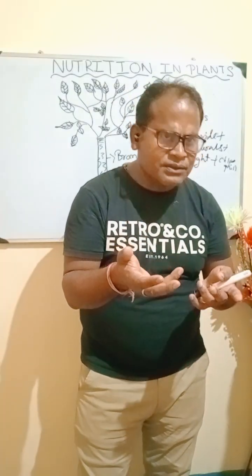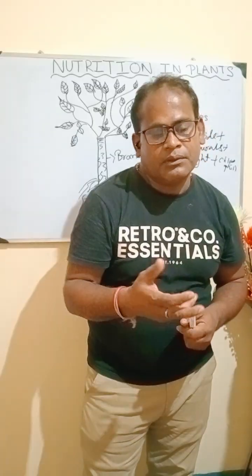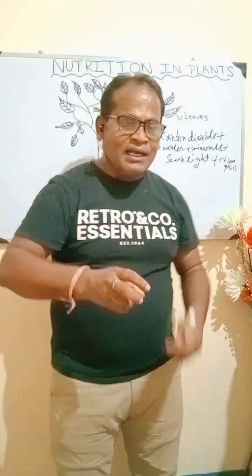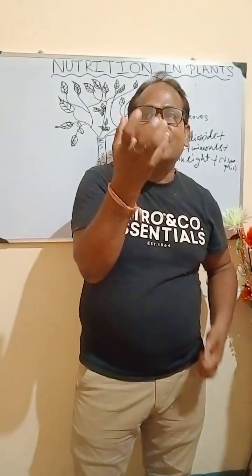So, photosynthesis is the process in which plants make their own food with materials called carbon dioxide, water, minerals collected by roots, and even nitrogen. How do the plants get nitrogen? There is a bacteria called rhizobium. That bacteria collects the nitrogen from the atmosphere and converts it into water soluble compounds.